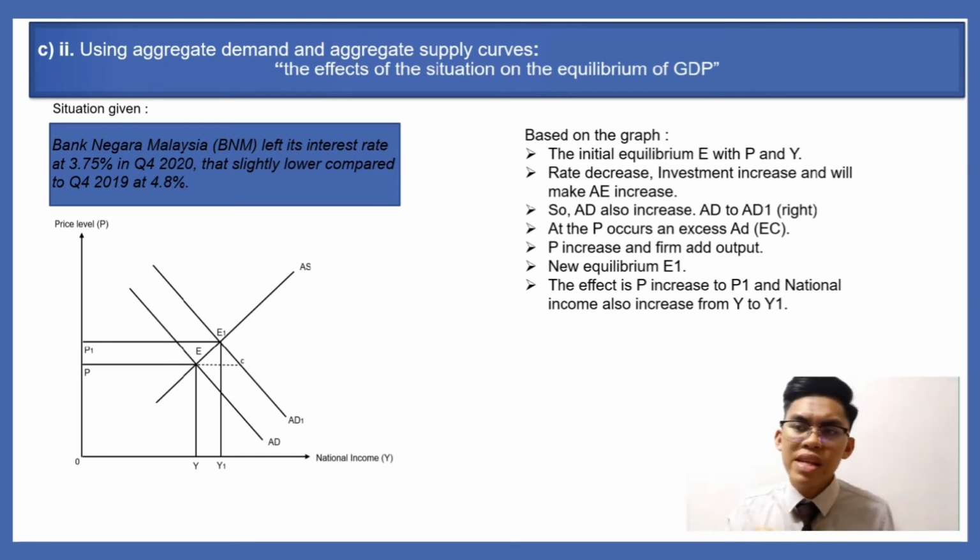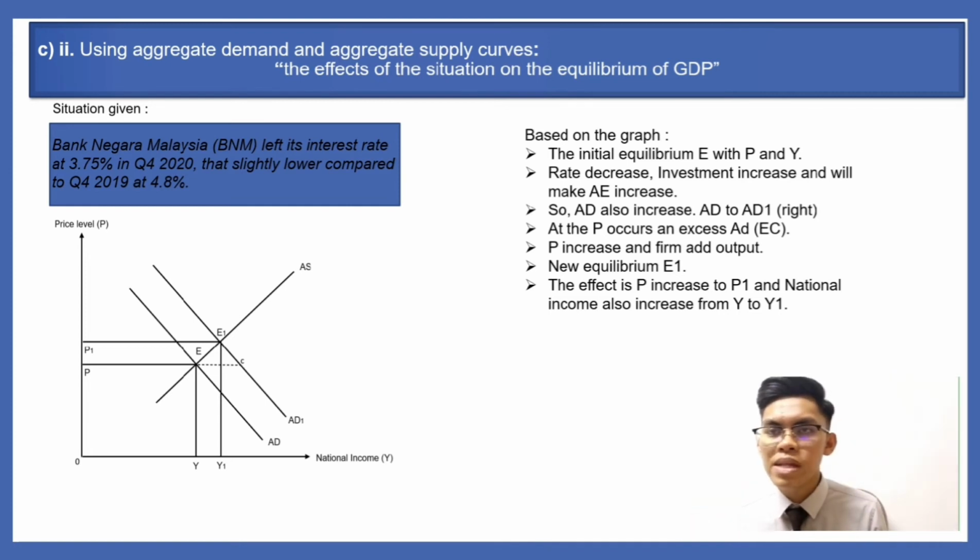So the investment will increase and automatically aggregate expenditure, which is AE, increases. So AD also will increase and the AD curve will shift to the right from AD to AD1. At the price level of P, there exists excess demand, as you can see, EC.